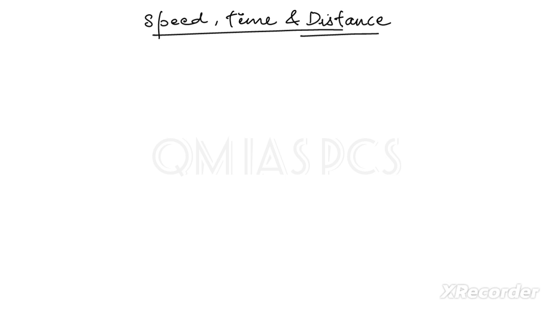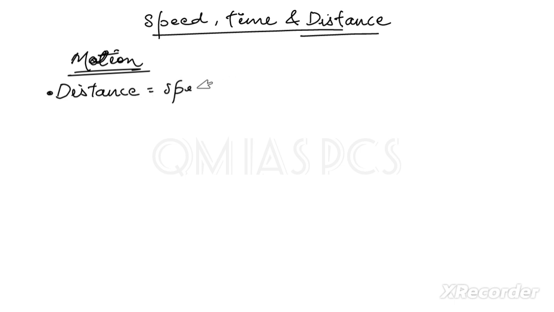Okay, fine. So first thing, what is the concept of motion? We have to understand the concept of motion. The single formula is: distance is equal to what? Distance is equal to speed multiplied by time. Just learn this formula.